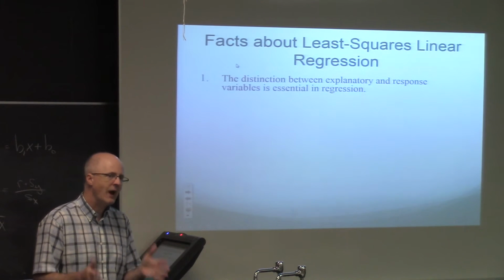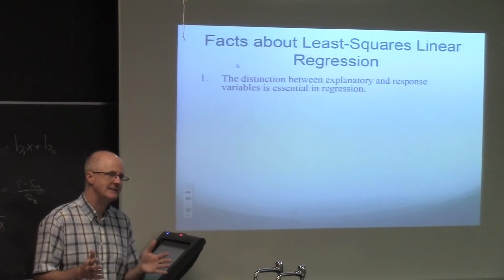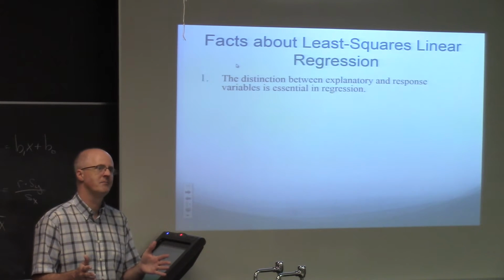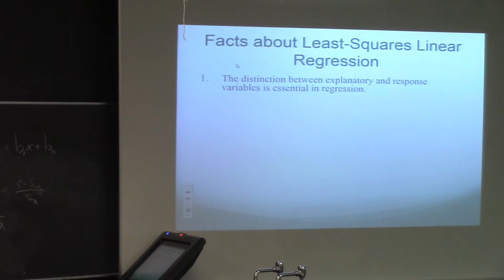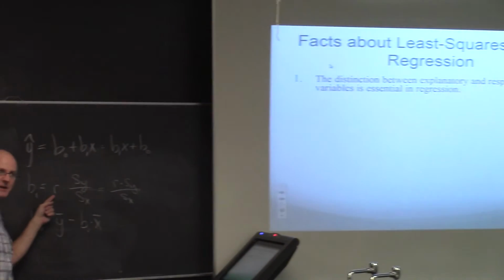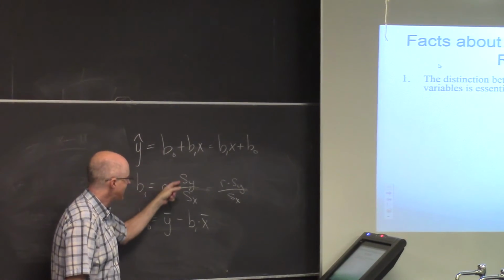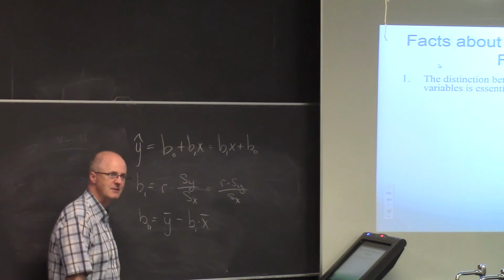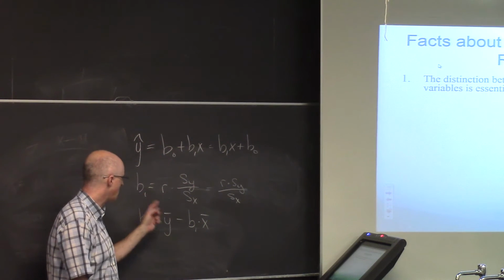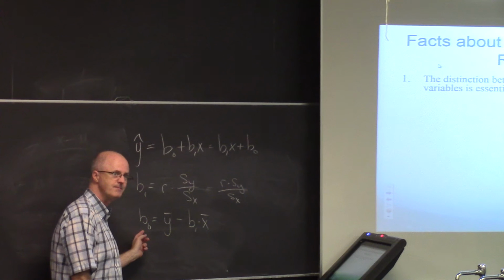With regression, however, you must keep track of what's x and what's y. In particular, if you look at this formula, it's not symmetric in x and y. You switch around the sx and the sy, you're going to get a different answer, not only for the slope, but also ultimately for the intercept.